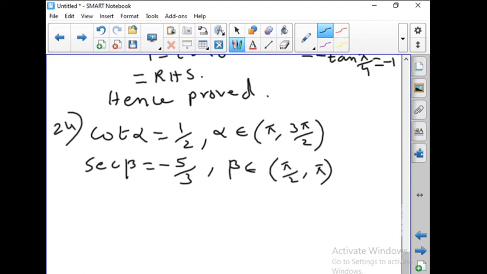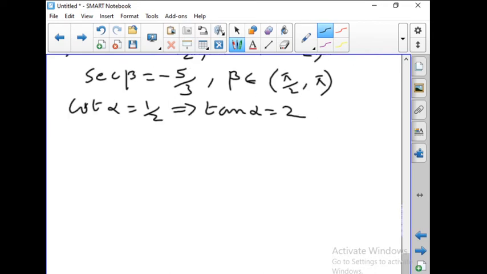So now cot alpha is equal to 1 by 2. So what about tan alpha? Tan alpha is equal to 2. Then secant beta is equal to minus 5 by 3 and beta is in the second quadrant.